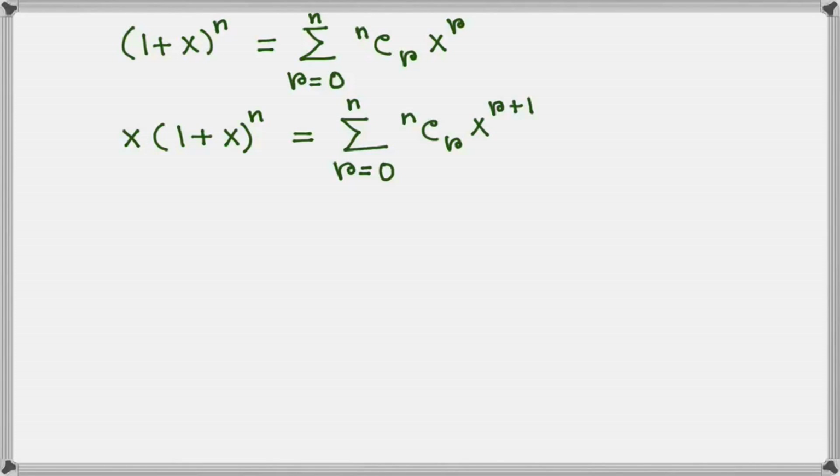Note that this is a polynomial identity. So we can take its derivative.